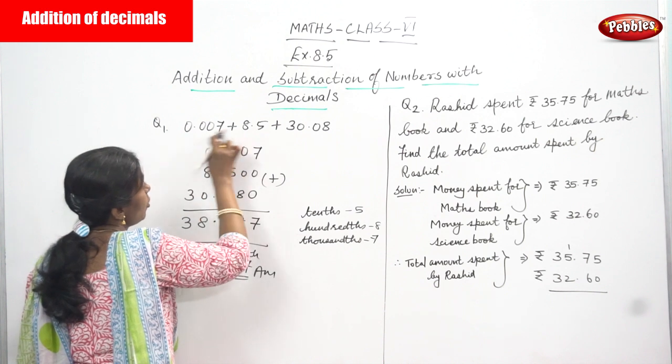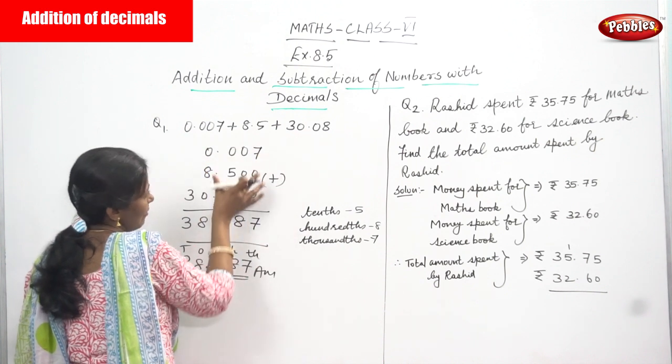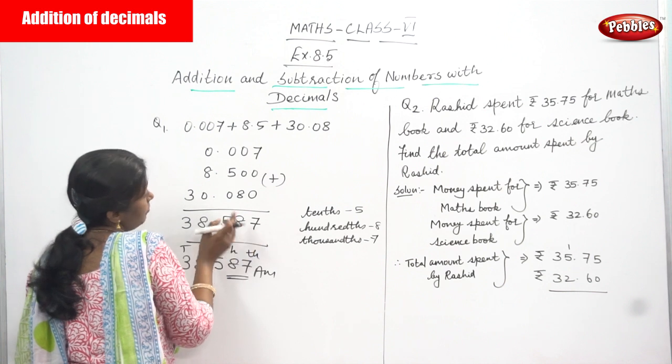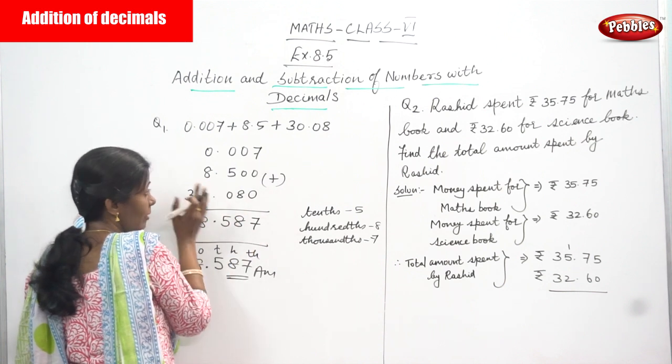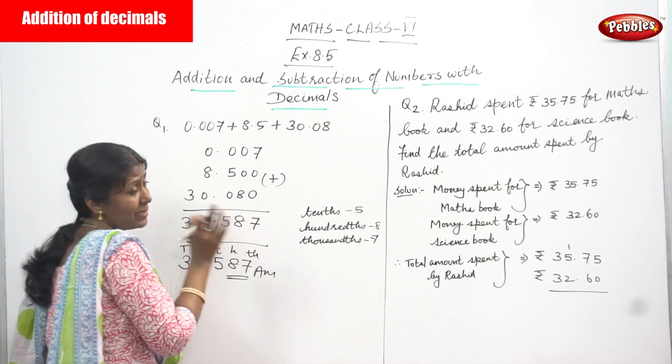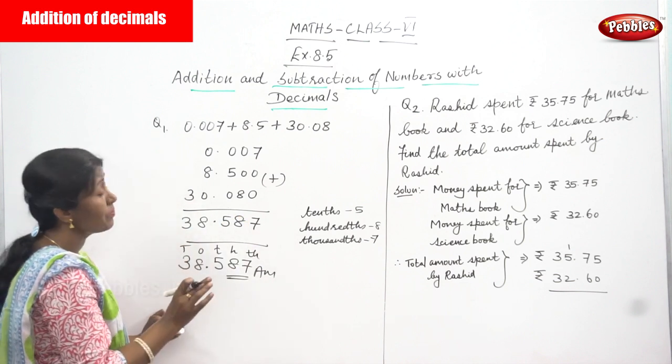First we are going to write all the numbers, and after that we have to write the numbers in a proper order. You have to know how to arrange the numbers. That is very, very important in decimal.